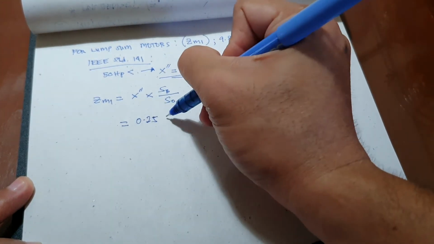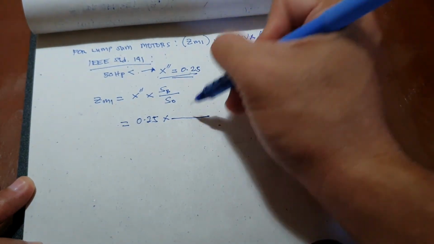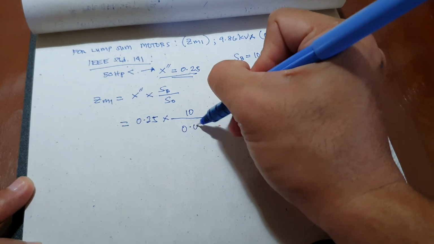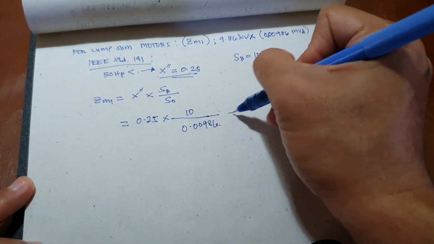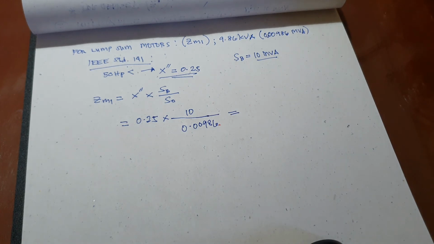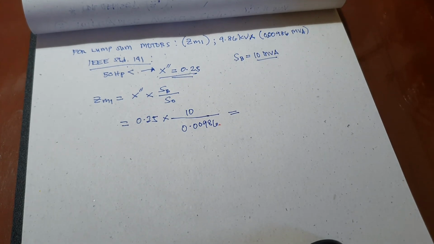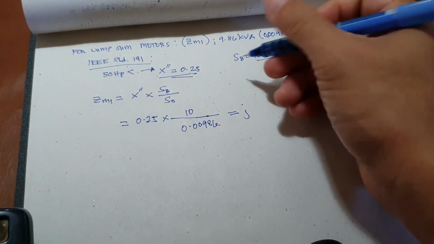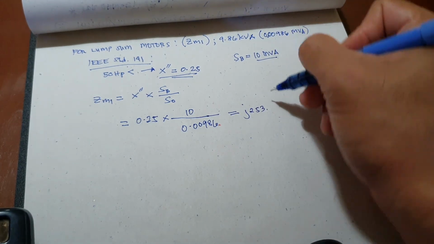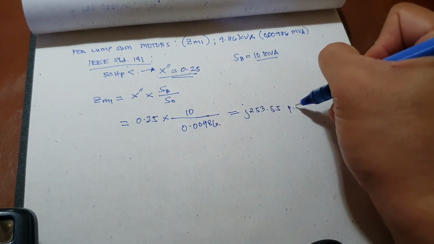So substituting these values, we have 0.25 times 10 over 0.00986, which equals j253.55 per unit.